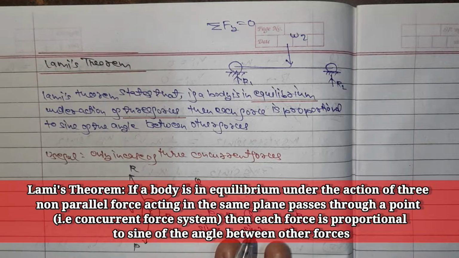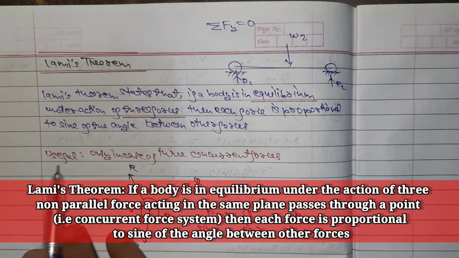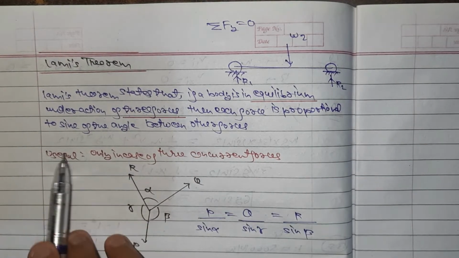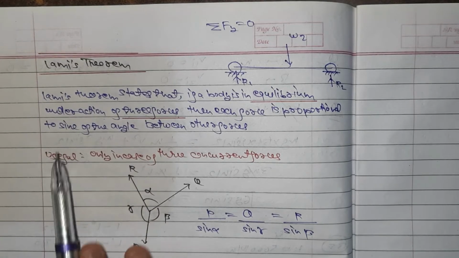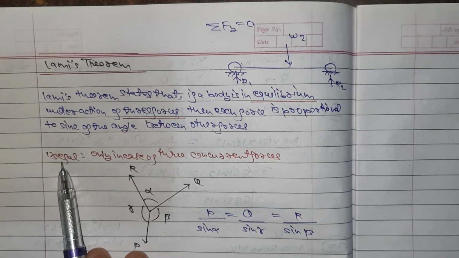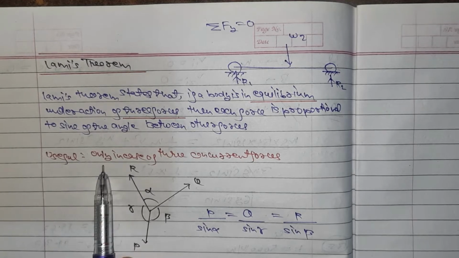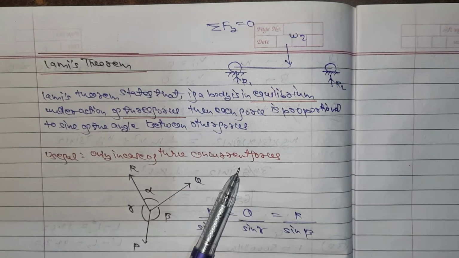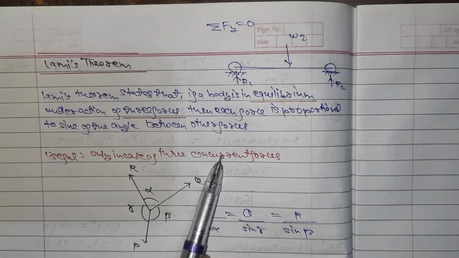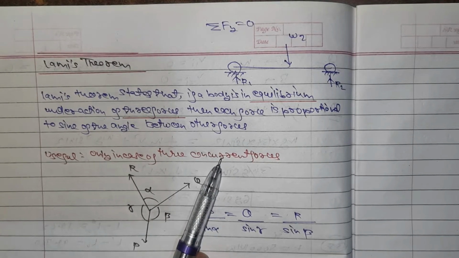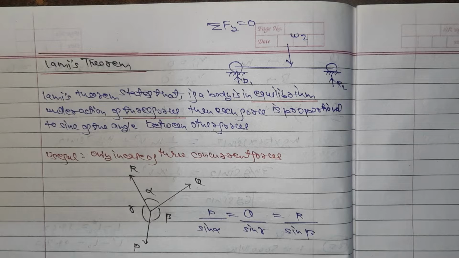As you can see over there, I have also used one more thing that I want to share: Lamy's theorem is only applicable in the case of a three concurrent force system. If you have more than three forces, or fewer than three forces, then Lamy's theorem would not work anymore.